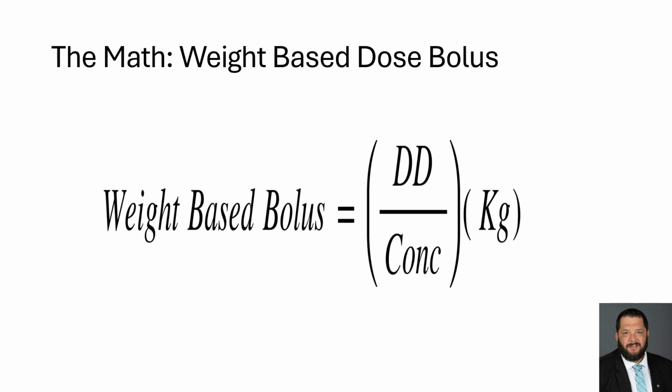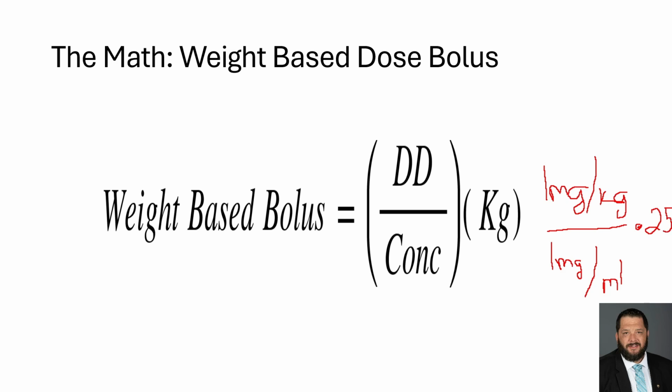We would set up our formula just as we did before. Our desired dose is 1 milligram per kilogram and our concentration, let's say the medication is 1 milligram per milliliter. And the weight that we gave for our patient was 25 kilograms, times 25 kgs.